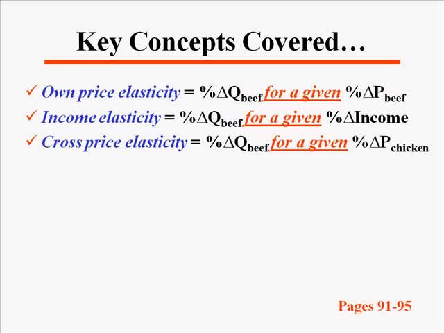So on this one, we're going to look at what happens if I have goods that are substitutes, like my current example shows with chicken and beef. And if the price of chicken increases, what's that going to do to the quantity of beef that consumers would like to purchase? And then on the other side of that, we're going to look at what happens when we have complements, so goods that go together, like bread and butter, peanut butter, and jelly.